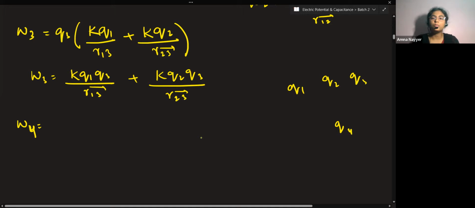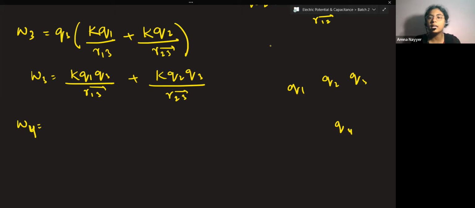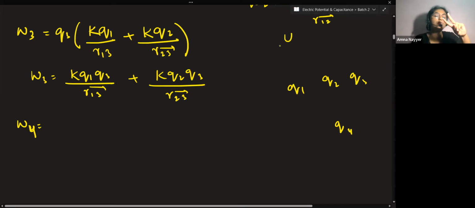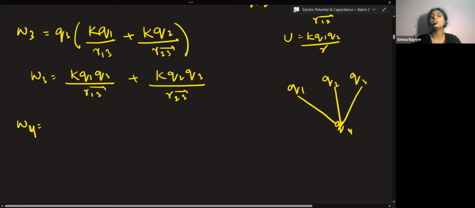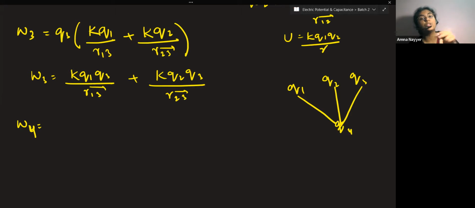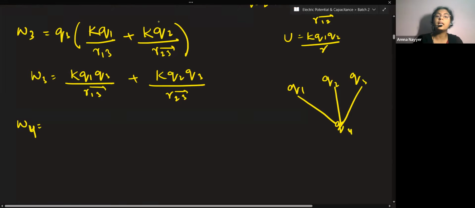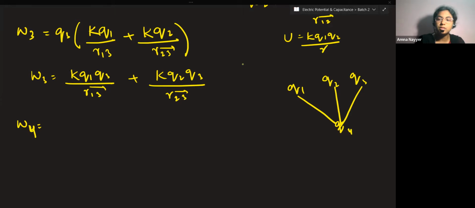So how will you do? Remember, the general formula is what? As I've told you, between two charges it is K Q1 Q2 divided by R. If fourth charge is there, let's take the separation between all the four charges. If Q4 is there, it has to interact with Q1, Q2, Q3. So now the total energy will be, there will be three energies.